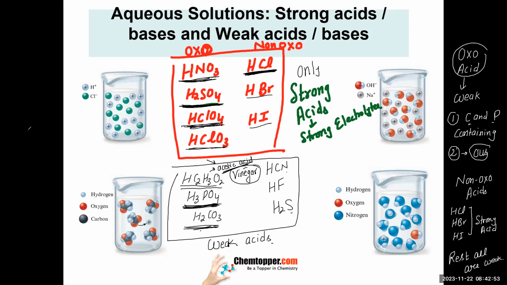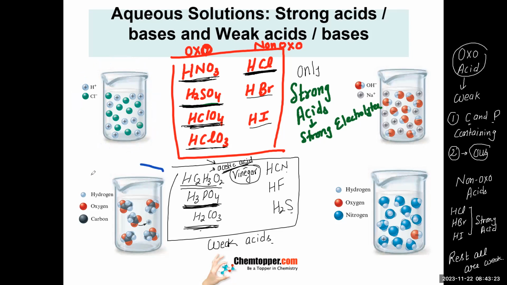Now, check this container. Is it a strong acid or weak acid? This one, children. Is it fully dissociated or partially dissociated? Fully. Strong acid, strong electrolyte, right?